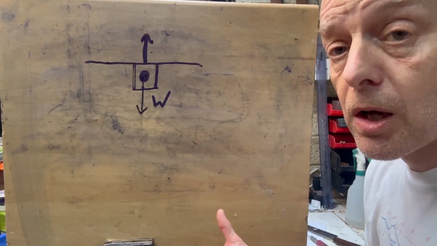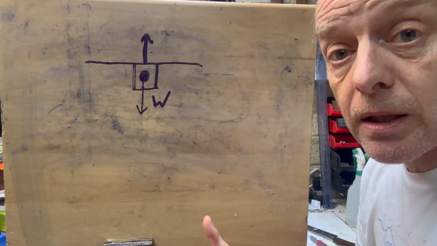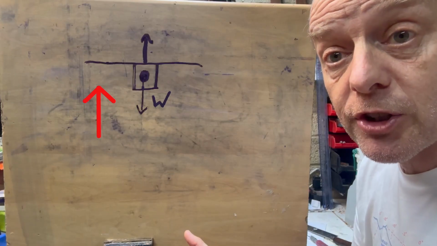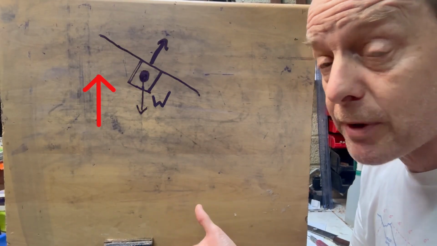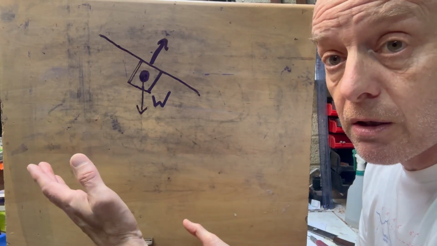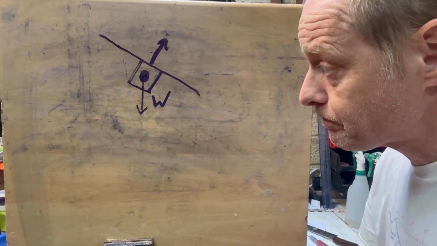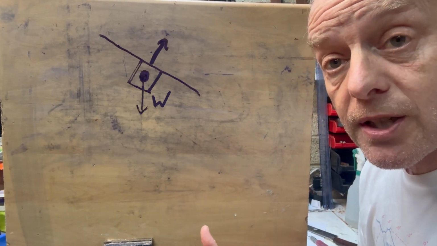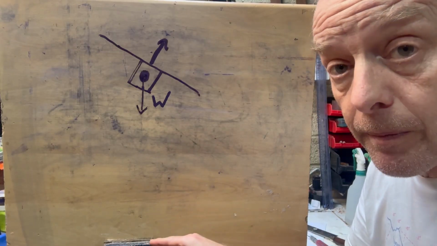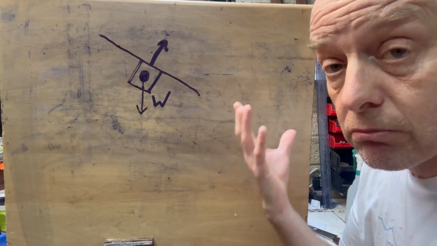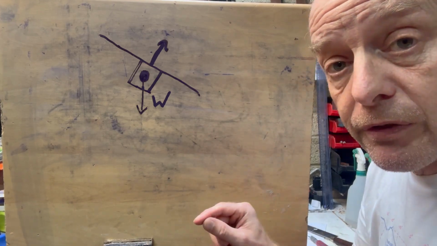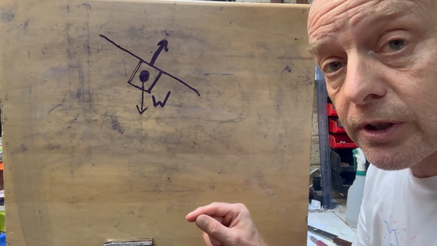Now let's think about what happens when the aeroplane goes over this fictional bump in the sky again. And generally speaking, in lateral stability, we're thinking about what happens when it bumps the aeroplane sideways like that. And you can see the weight is acting through the centre of gravity downwards, and the lift is acting upwards through the wings. Now both of them are passing through the centre of gravity.